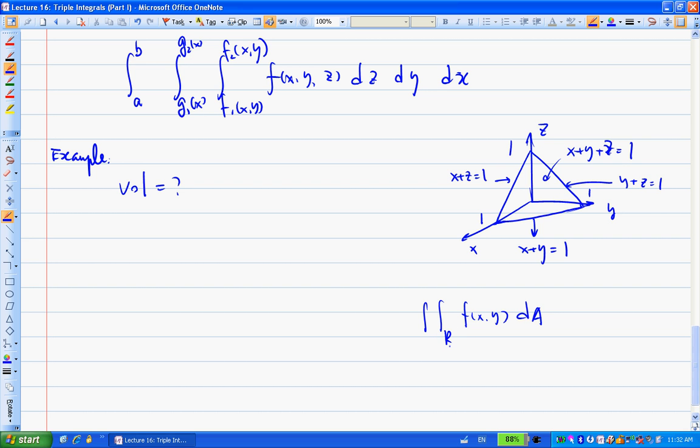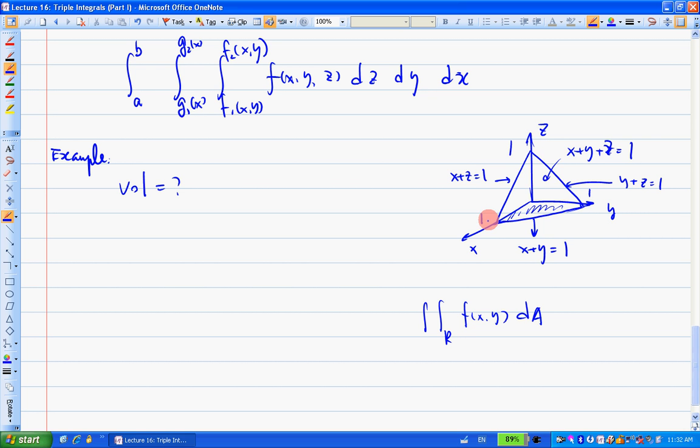I'm integrating over a region R this function f. Maybe I can think of the function f as the height. Height by area gives you the volume. So in this particular case, if I choose this as my region R, what will be the height?